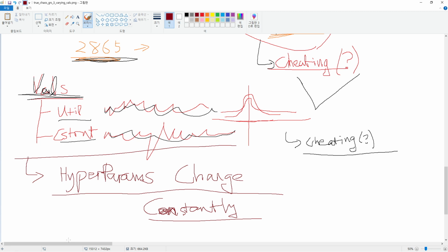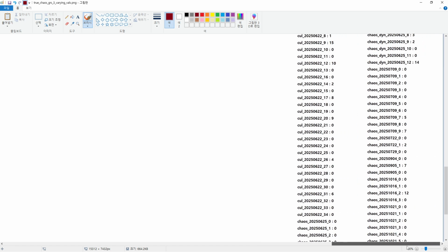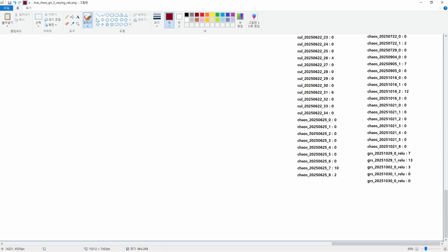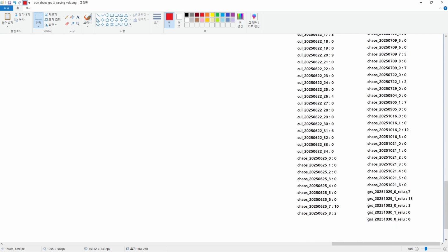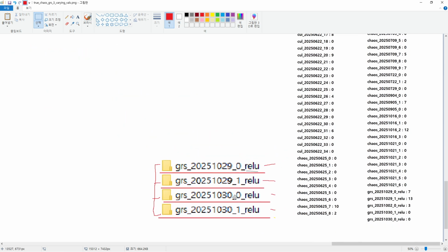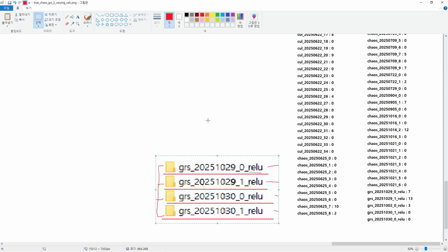So I went through all the entities that were created during these 4 grid search attempts, and I filtered all the unique true ceiling chromosomes, and this is what I got.